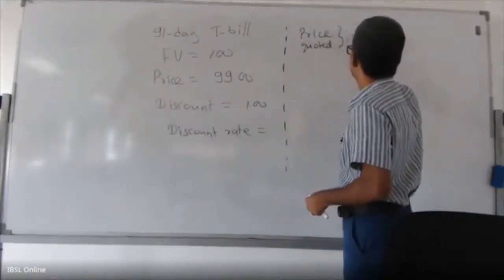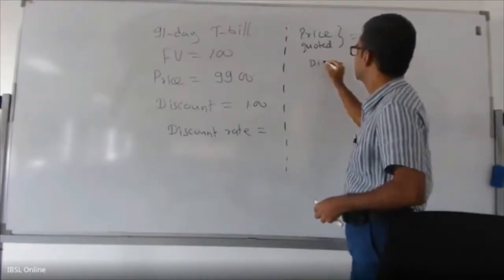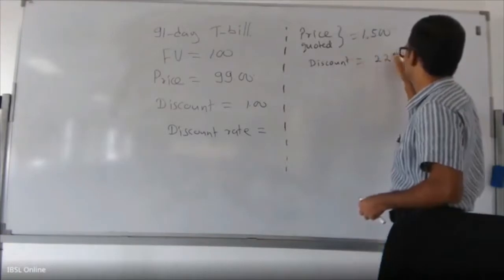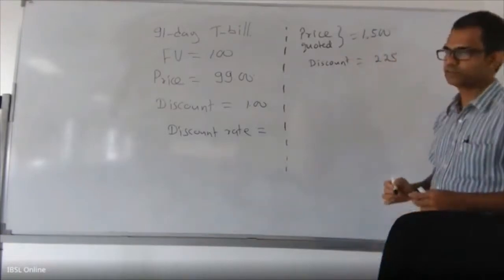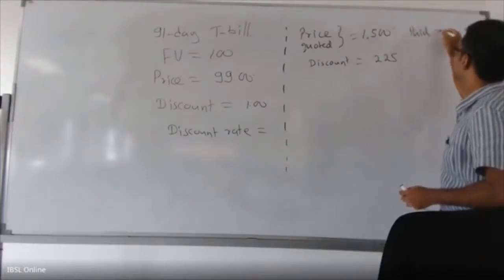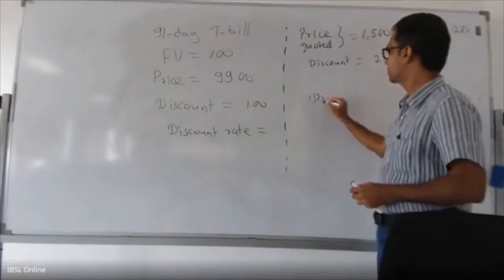Price quoted is 1,500. Discount that you get is 225. That means you paid only 1,275. What is the discount rate?